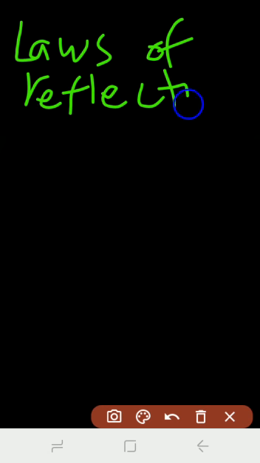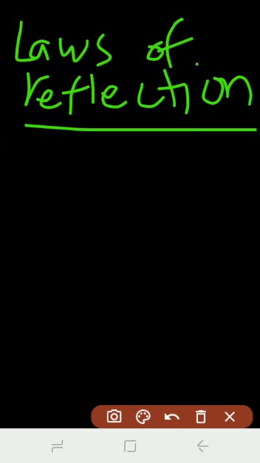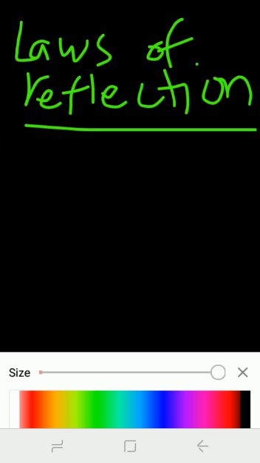Okay, so after understanding these two concepts, let us move to a very important concept, that is the laws of reflection. Laws of reflection is a very important topic, and before understanding the laws of reflection, we have to understand some important points that I am going to explain to you.